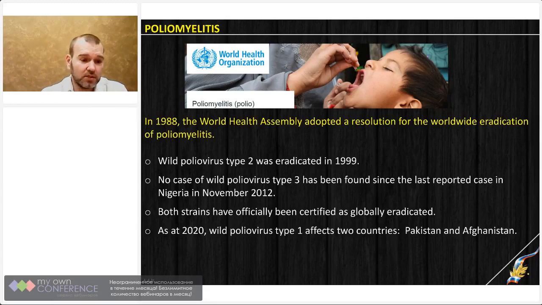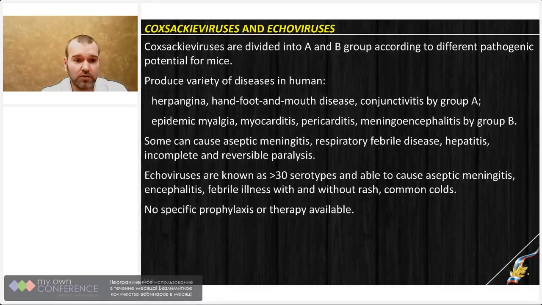So nowadays, 2 serotypes of the virus are completely eradicated, and we have only 1 virus circulating, which is officially registered only in Pakistan and Afghanistan. But the major problem is that Russia and post-Soviet countries are not included in that report.